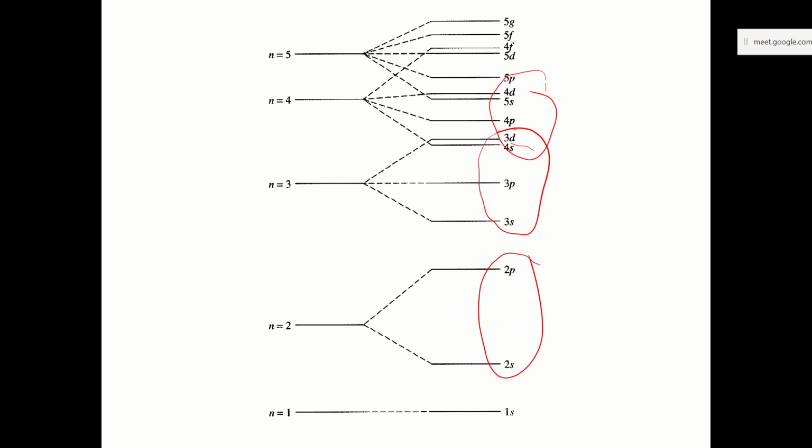When you have more than one electron, it is the inner core repulsion, the shielding, which gives rise to shielding and penetration. And because of that, the energies of 3s, 3p, 3d change. Similarly 4s, 4p, 4d will change, and so on. So the energy of the subshells within a given shell will change because of this reason.